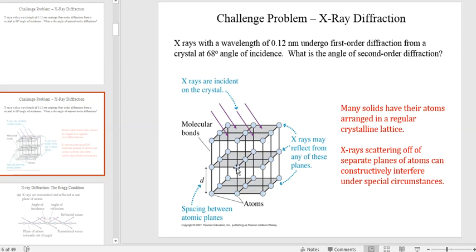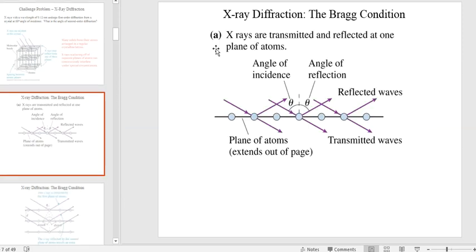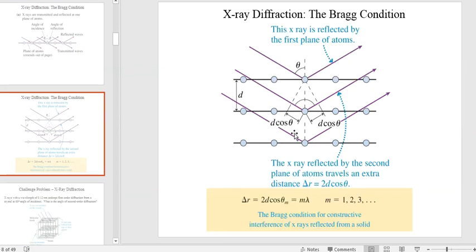And so the X-rays are either transmitted or reflected based on these planes of atoms. This picture may look a little complicated, but if you think about d as the spacing between the different planes of atoms, then this formula should look very similar. In other words, the Bragg condition is basically saying that these planes of atoms act just like a diffraction grating. So that's kind of strange.